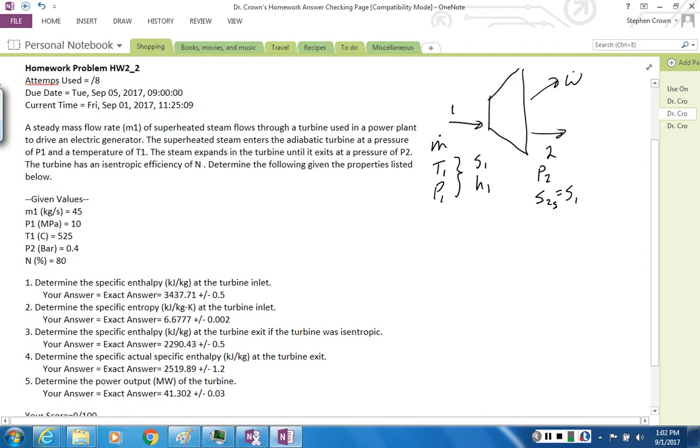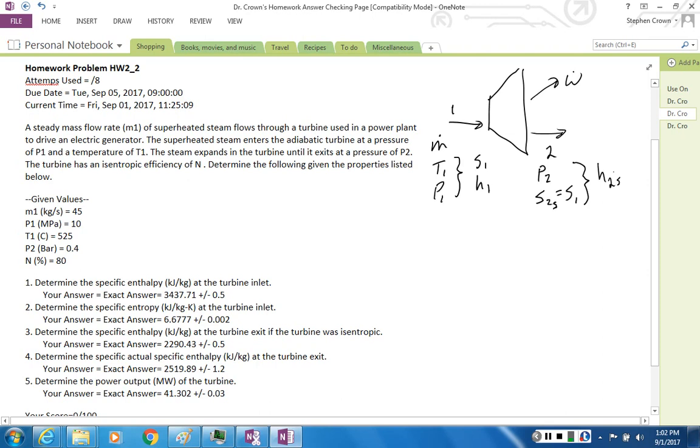What we're saying here is that state 2, if we assume it's isentropic, it's not the real S2. Isentropic means that the entropy didn't change. Then we can find H2S. The subscript S is reminding us that we made an assumption that isn't exactly true in this problem, that it's isentropic. But once we find the enthalpy for the isentropic process, then we can adjust that for the adiabatic efficiency. So let's begin finding H1 and S1.